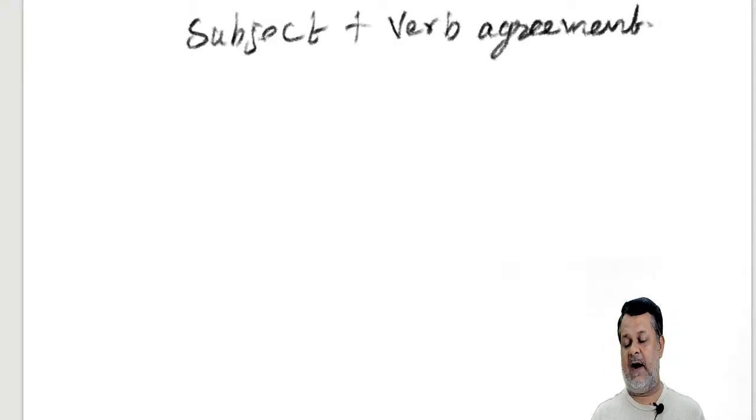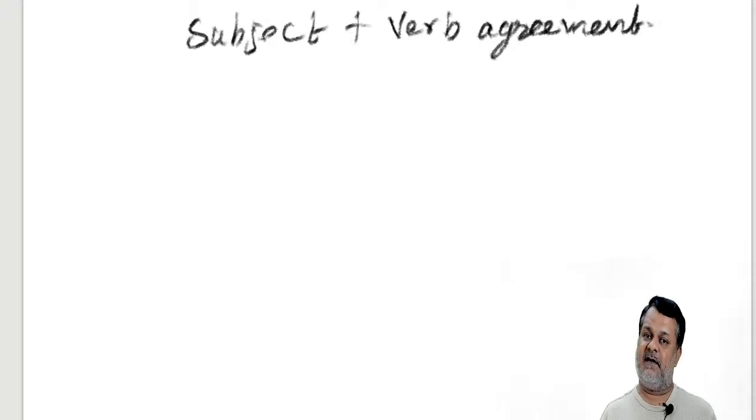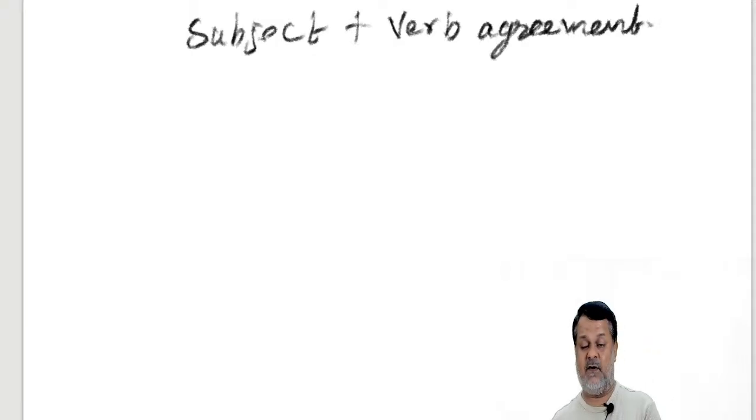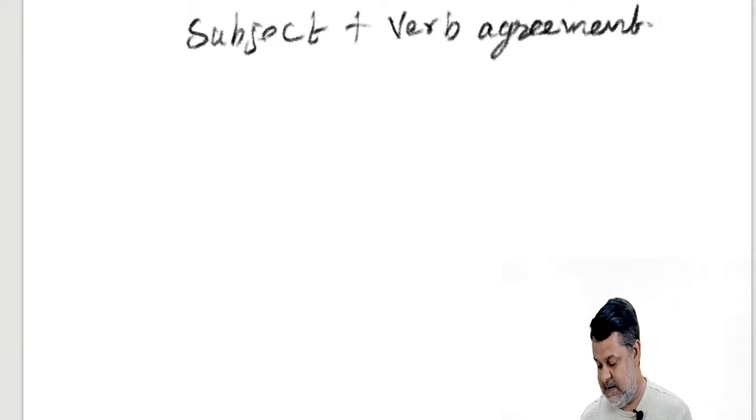Had always comes in the past. Has and have come in present or future. Has is always in the present.